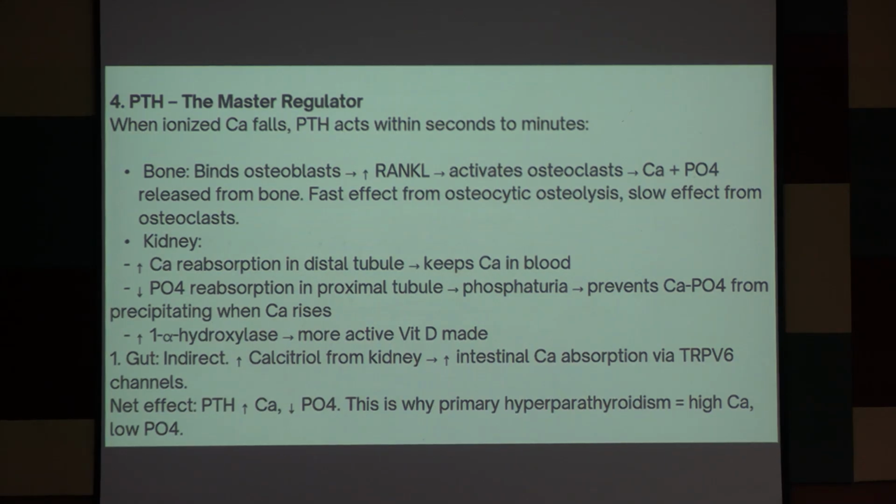Anyway, parathormone increases calcium and decreases phosphate. This is why in primary hyperparathyroidism there is high calcium and low phosphate. So, this is the basic parathormone. The function of parathormone, basically, is to increase calcium and decrease phosphate.